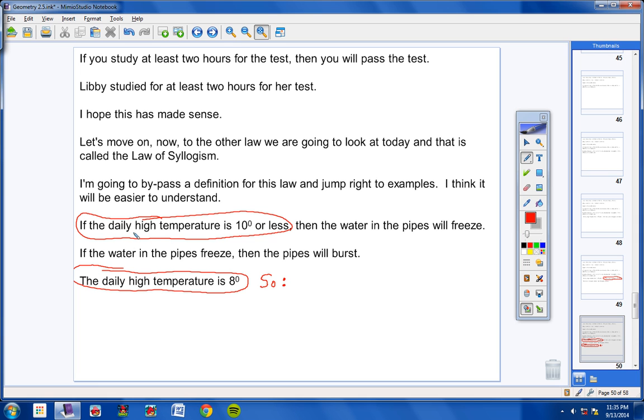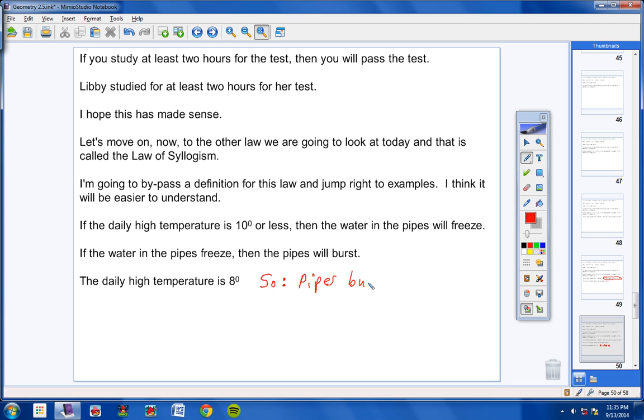If the daily high temperature is 10 degrees or less, and it says the daily high temperature is 8 degrees, so, since the temperature is 10 degrees or less, I know that the water in the pipes froze. And I know if the water in the pipes froze, then the pipes burst. So, because I know the daily high temperature is 8 degrees, then I know the pipes did burst. I know that for a fact.